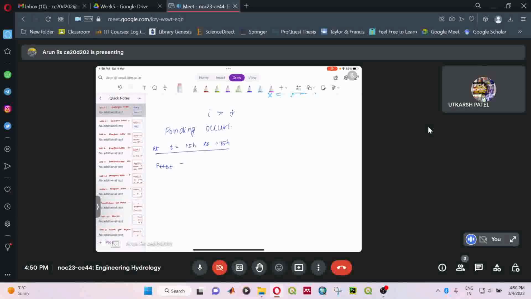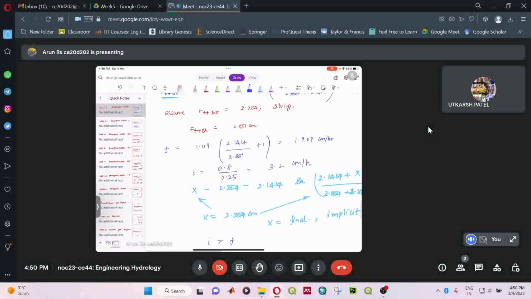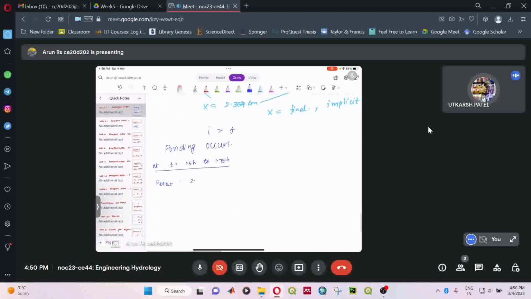So F(t+Δt) minus, in the previous time step we got capital F as 2.851 centimeter, minus 2.1414 into log of (2.1414 plus F(t+Δt)) divided by (2.851 plus 2.1414), which is equal to 1.09 into 0.25.